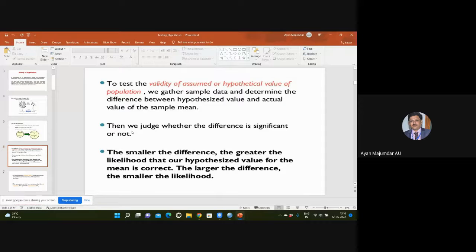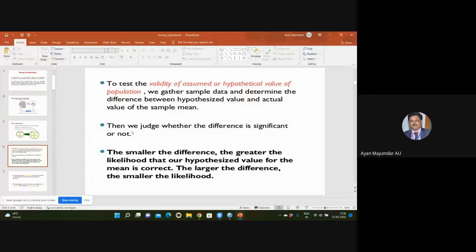58 is my hypothesized value, that is the hypothesis I have taken, and the actual computation of that sample will be different from that 58 kg. We need to judge whether this difference is significant or not. The smaller the difference, the larger is the chance that the hypothesized value for that mean is correct.